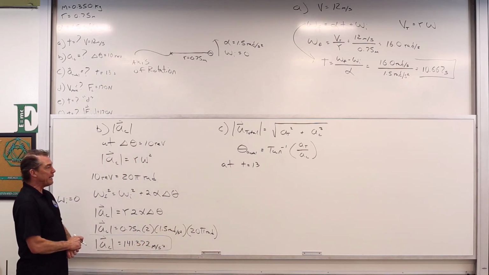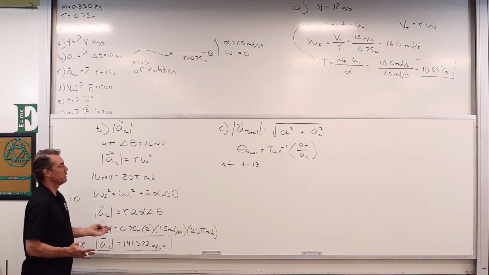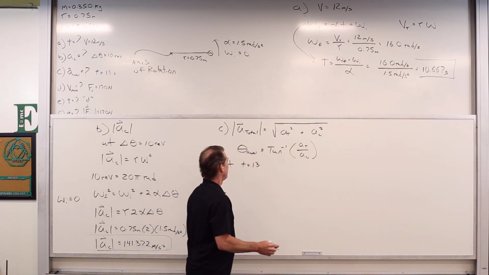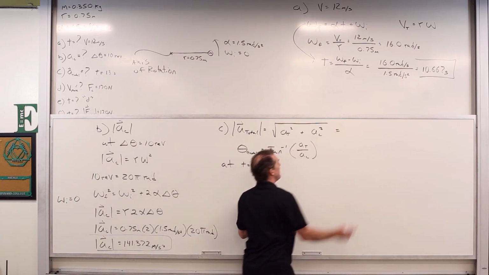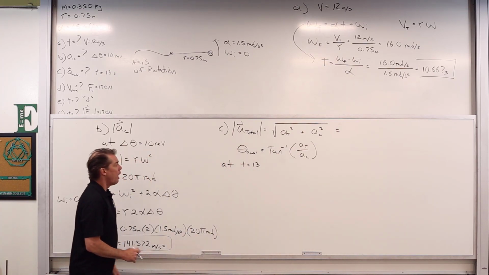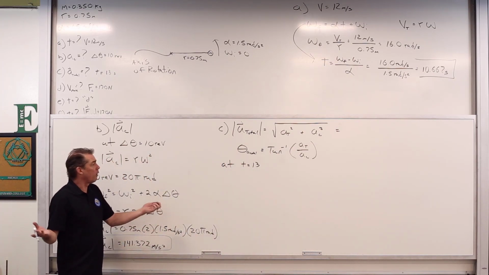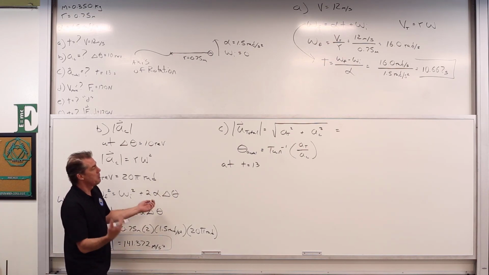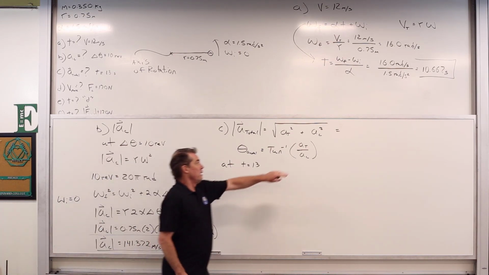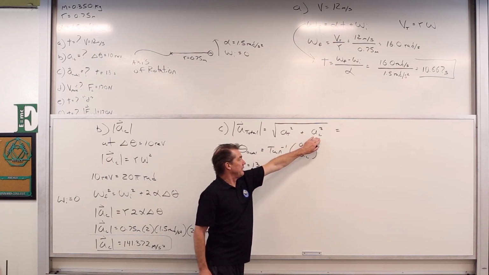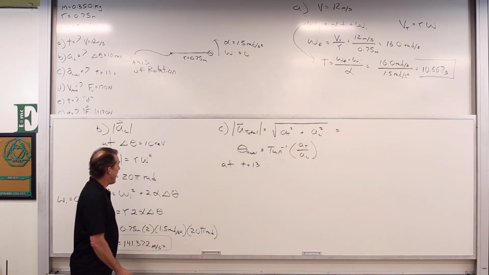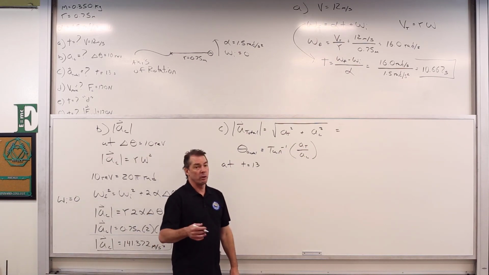So what do we need to know? Let's expand this stuff out a little bit. A sub t, well, we know that a sub t is just going to be equal to r times alpha. That's all that the tangential acceleration is, r times the angular acceleration. So that's constant. The time variance is in here because this is r omega squared, and omega varies as alpha t plus omega initial.